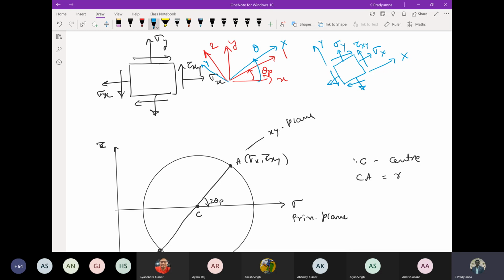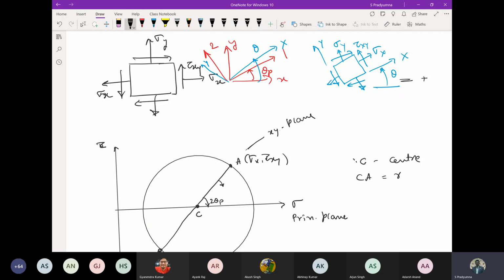So this orientation is equal to theta with respect to the x-axis. Now what I will do is rotate from AC by an angle in the opposite direction. If we are rotating counterclockwise positive here, in the Mohr circle we rotate in the opposite direction.